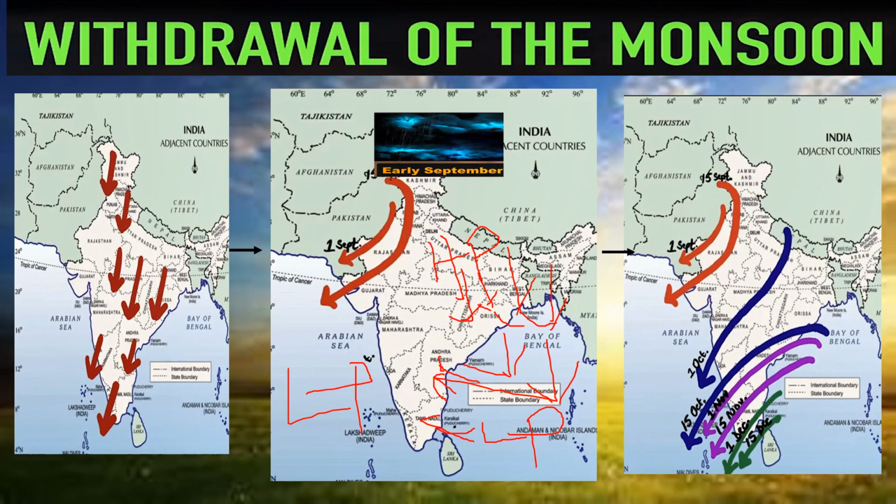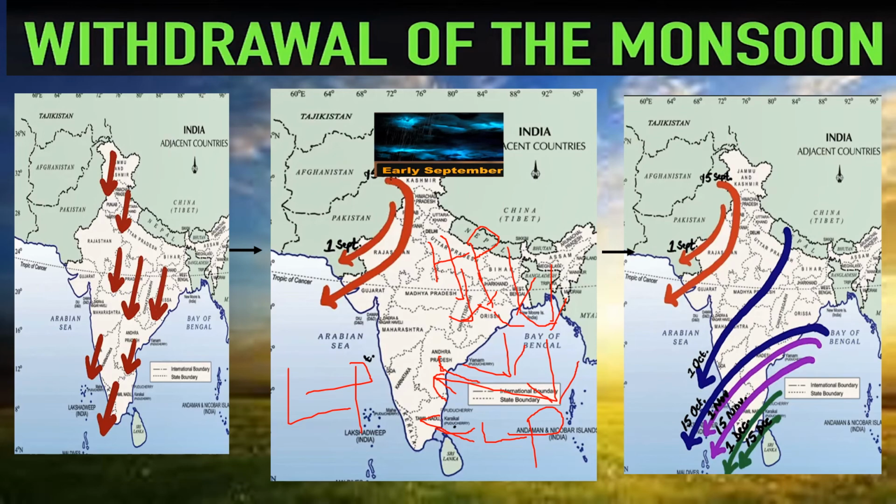For example, it enters into Tamil Nadu. And since it is coming from the Bay of Bengal, it carries a lot of moisture which leads to heavy rainfall in Tamil Nadu and Andhra Pradesh during the months of November and December, and we all know that, children.